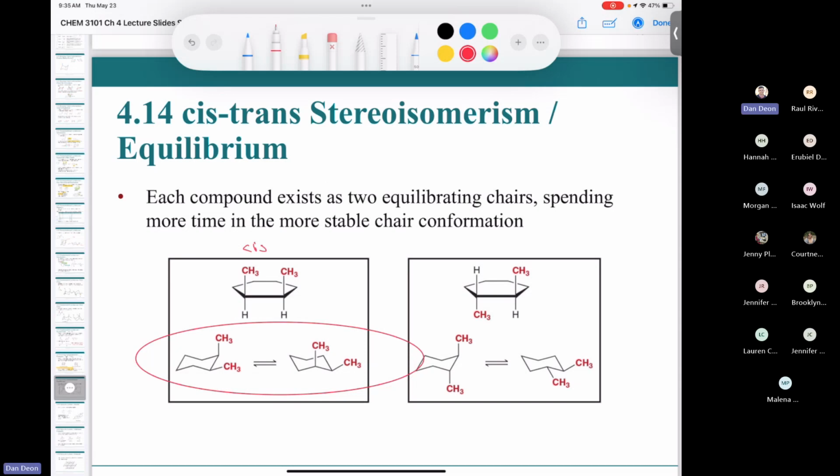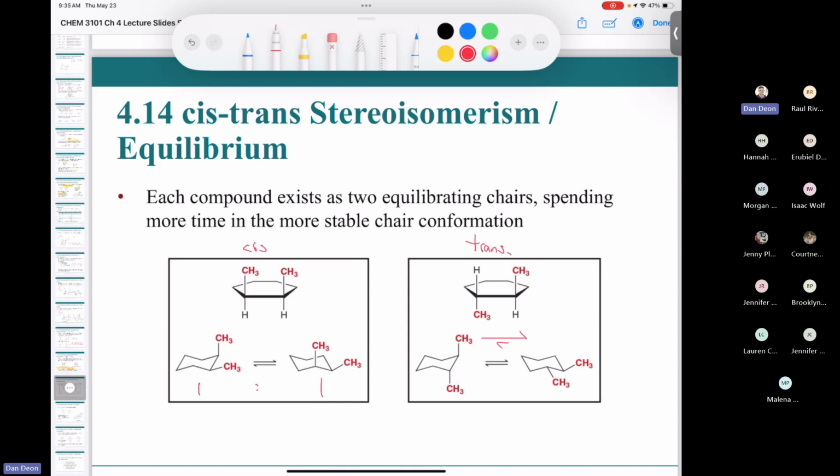In both of them, you have one methyl group axial and one methyl group equatorial, and so this is going to be a 1-to-1 ratio, because they're identical. But if you look at the trans, in one of them, you have two substituents axial, and in the other, they're both equatorial. Well, the equilibrium is definitely going to lie to the side where they're both equatorial, and you're going to have very little where they're both axial.